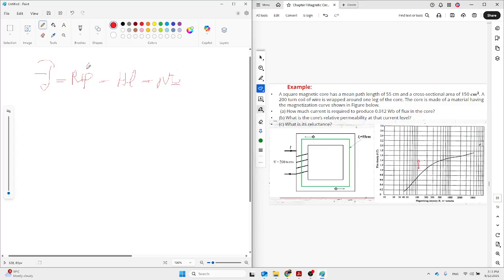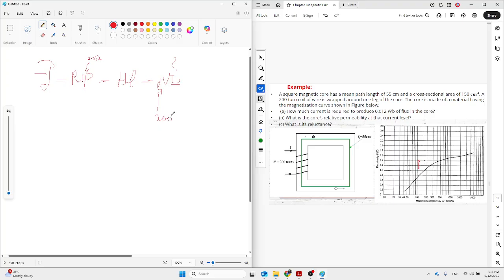This one is given as 0.012. The question asks for the current, and N is also given. N is 200.